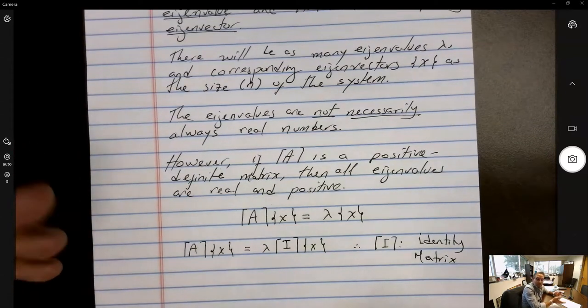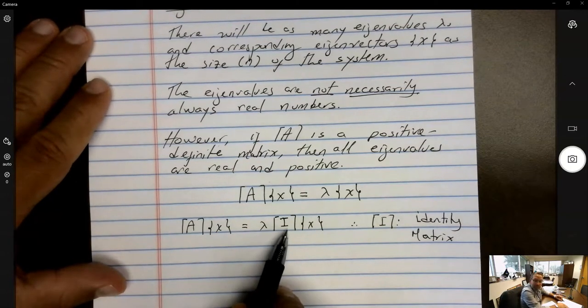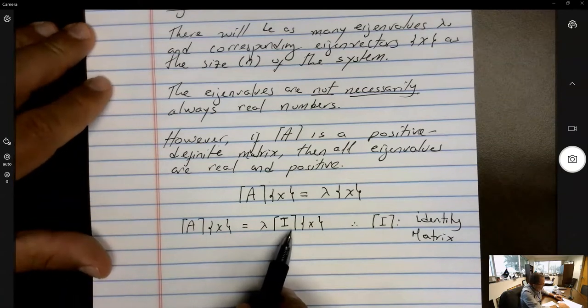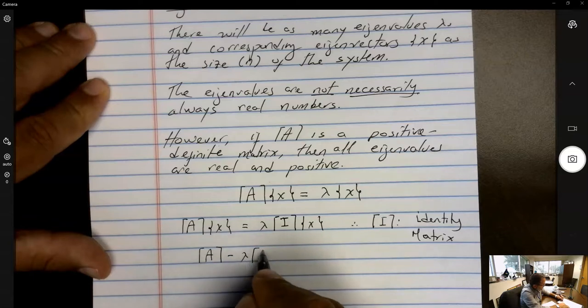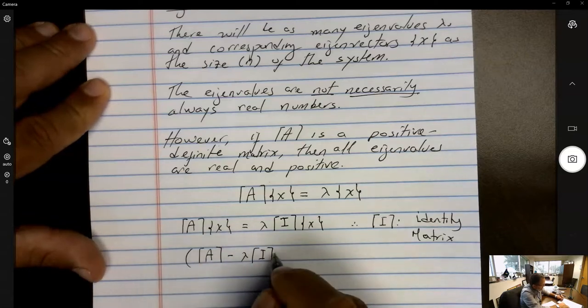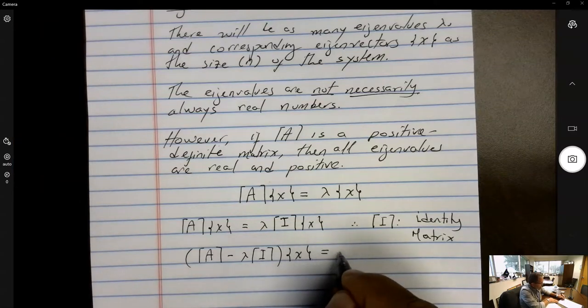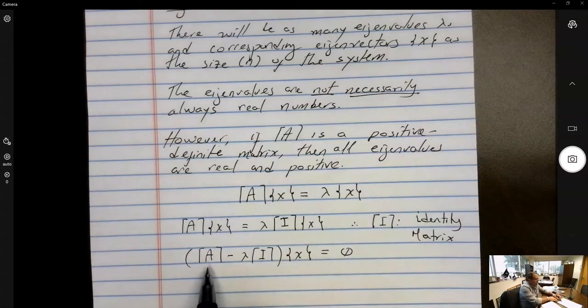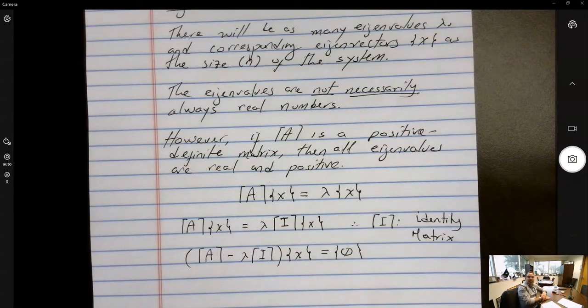So it's equivalent to the number 1 in algebra. If this is the case, then I have something that is dimensionally compatible. I can send this over to the left-hand side and say that A minus lambda I times the vector x should be equal to 0. By the way, this is a matrix times a vector, which should yield a vector, so this should be a vector of zeros, technically: n zeros. I've just sent this over to the left-hand side and I end up with this.